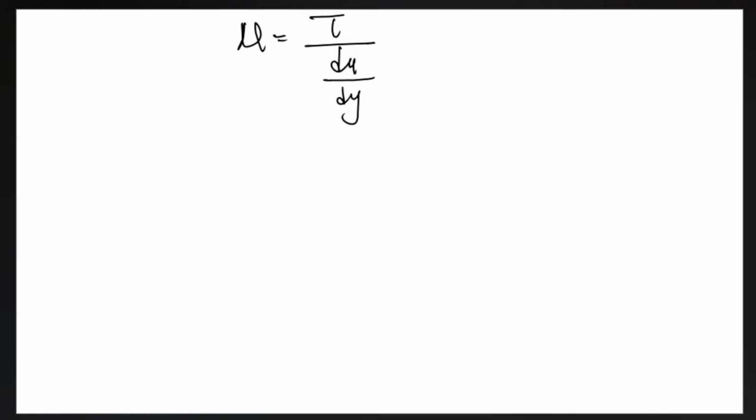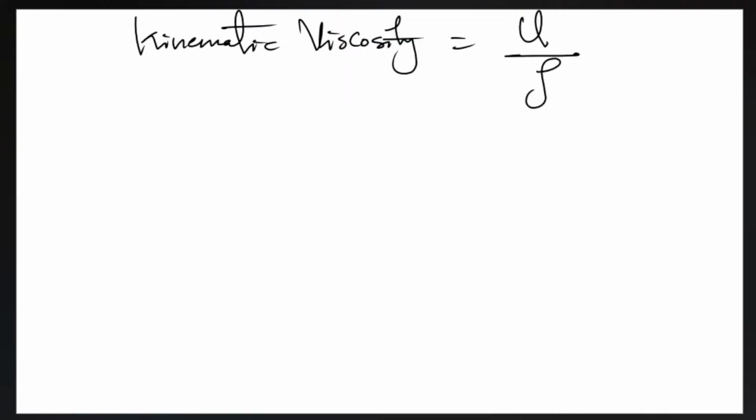Now, for us to find our kinematic viscosity, we know that kinematic viscosity is equal to dynamic viscosity divided by density. But in this case, we are taking our density here to be density of water.